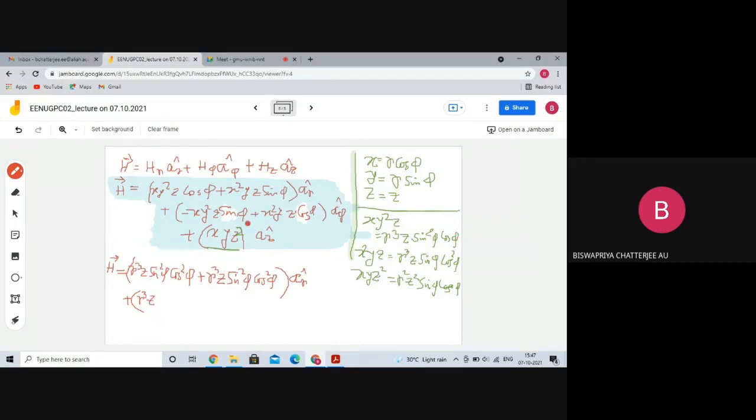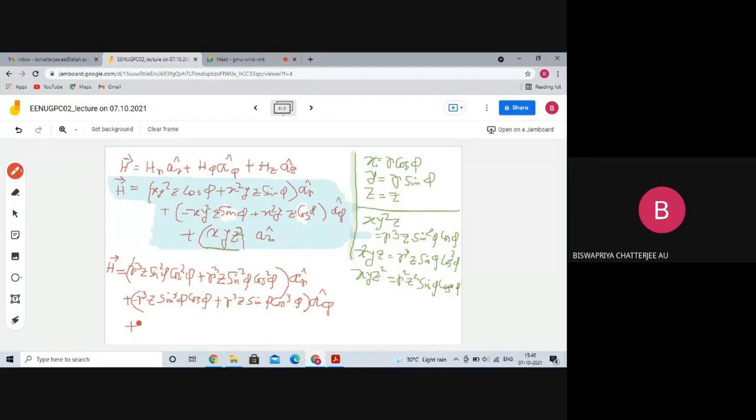Sin square phi cos phi into sin phi, so sin cube phi cos phi, with a minus sign of course, plus x square y z. So the same thing, r cube z sin phi cos cube phi, a_phi cap, and lastly it's x y z square.